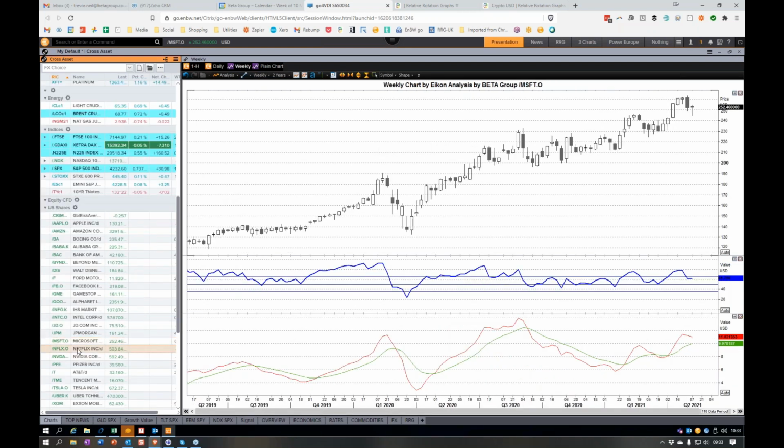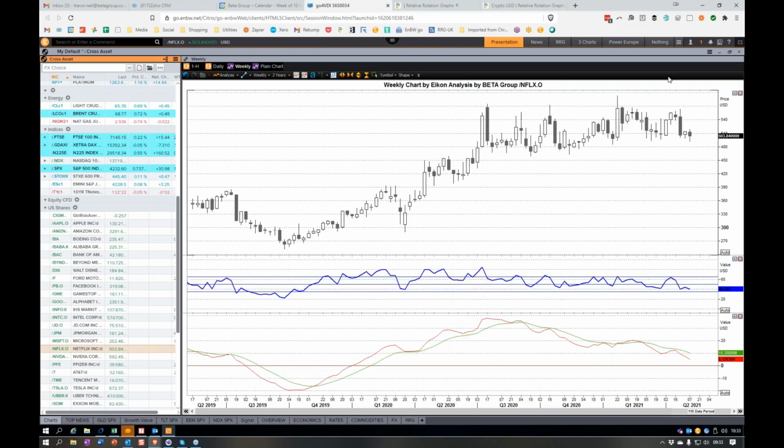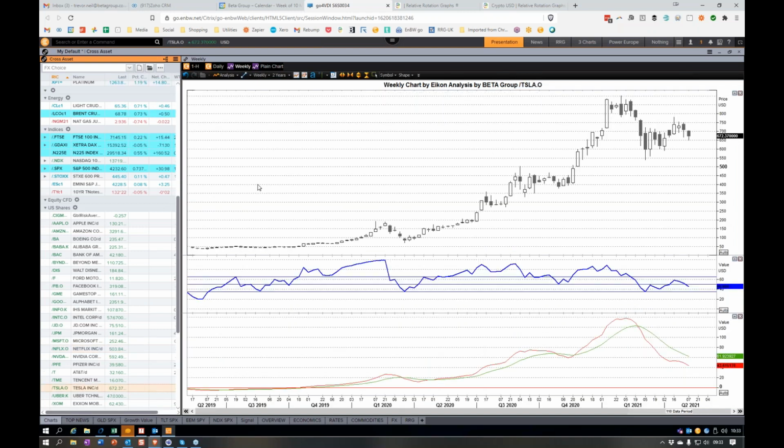But let's look at Netflix, for example, another glamour stock, very flat here. It isn't going up like a missile. What about Tesla? I think a lot of people breathed a sigh of relief when he was on Saturday Night Live that he didn't say anything too mad, only a little bit mad. But there again, look at that chart. Is that really a market leading security?